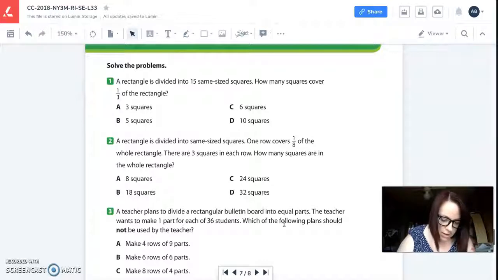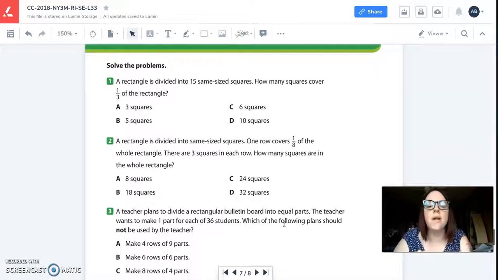So, let me see. Okay, I'm gonna divide out, wait, what did it say? 15 same size. Okay, so we have 15. How many squares cover 1/3? Let's see. Okay.